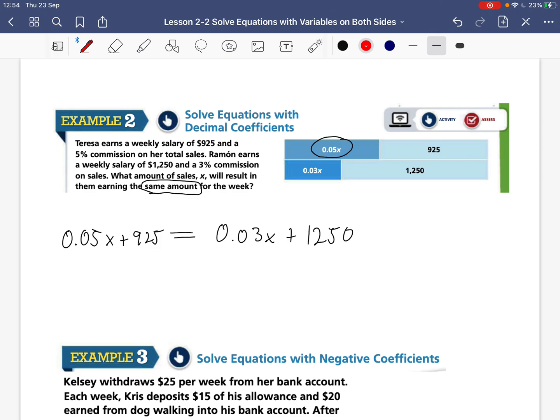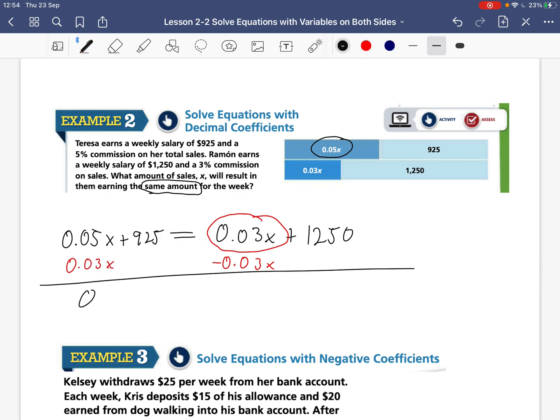Which one is our lighter load? 0.03x is our lighter load, so we will subtract 0.03x from both sides. So we have 0.02x plus 925 equals 1250. We will subtract 925 from both sides.